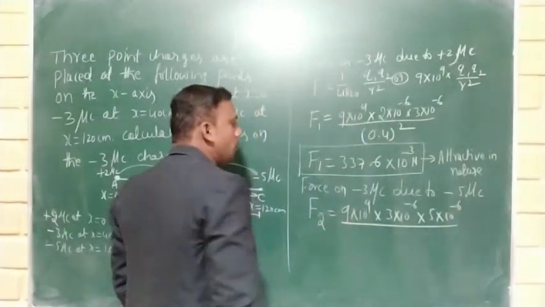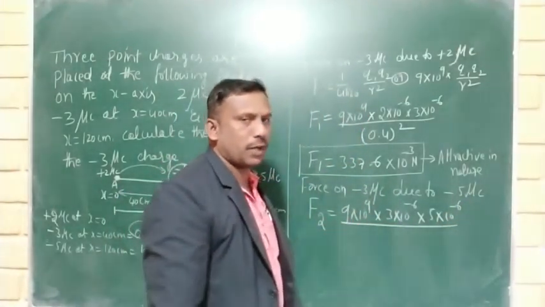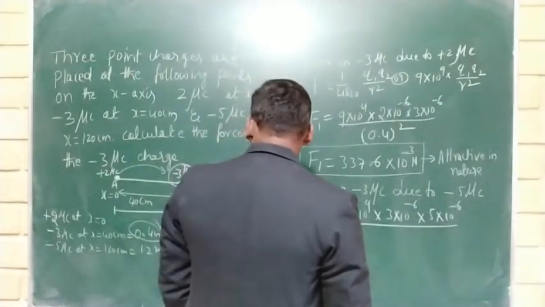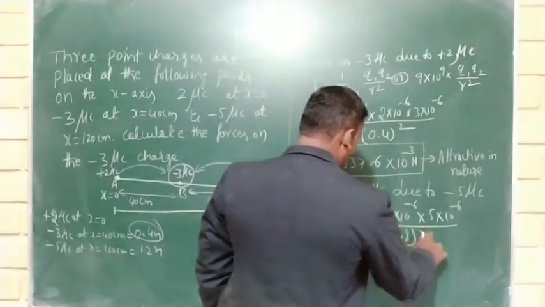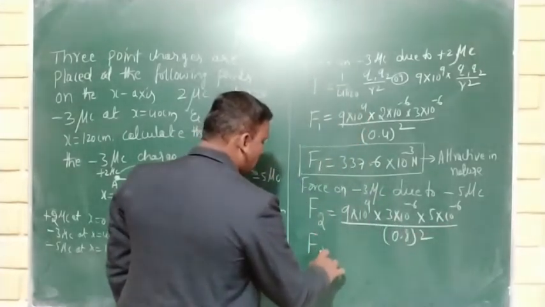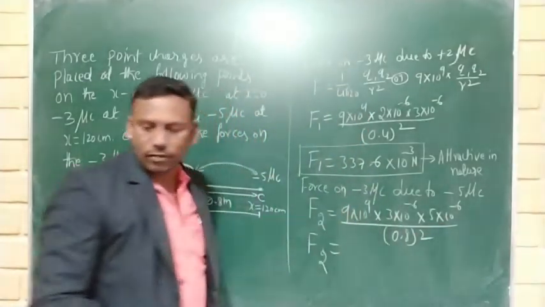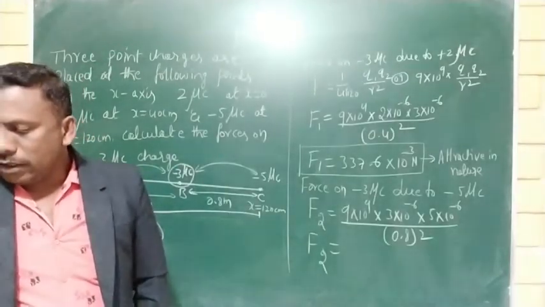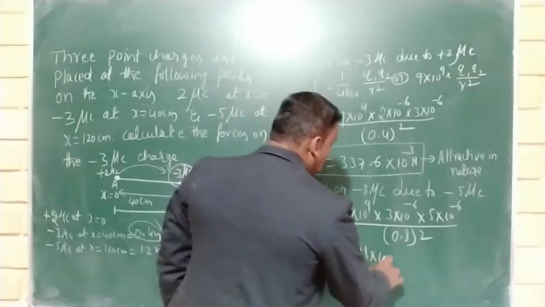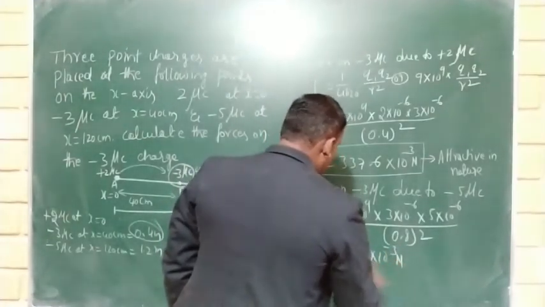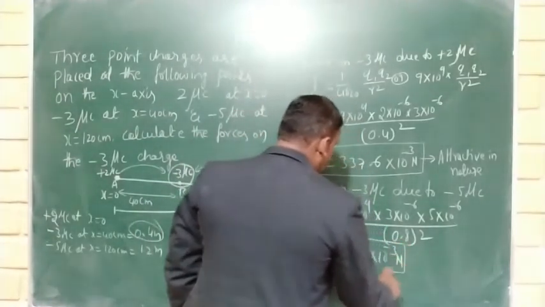The separation between the minus 3 microcoulomb charge and the minus 5 microcoulomb charge is 0.8, so R square is 0.8 whole square. After simplifying this equation, we will get F2 equal to 211 into 10 to the power of minus 3 Newton. This is repulsive in nature.